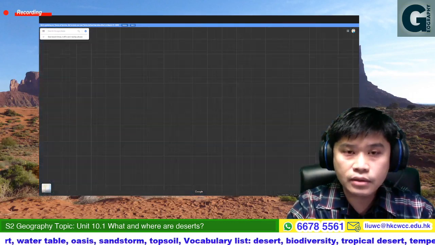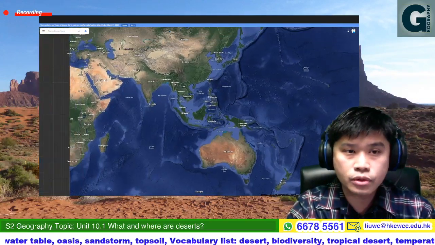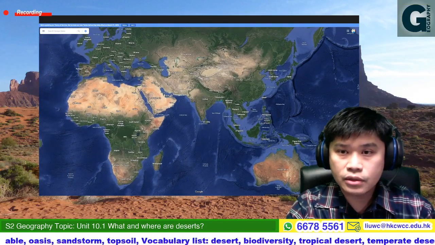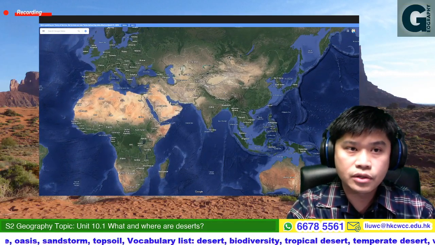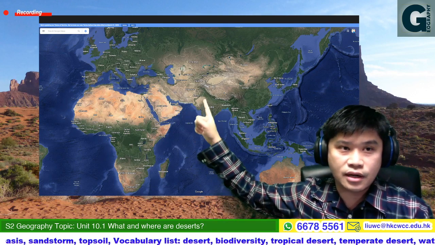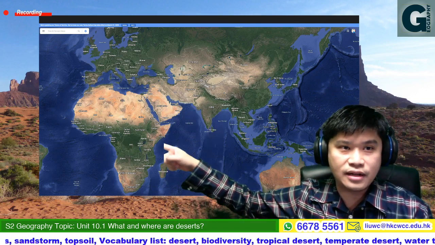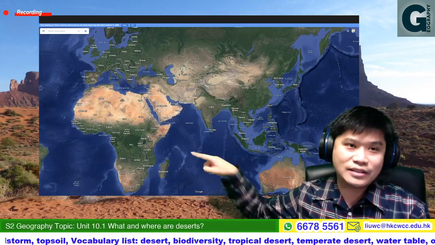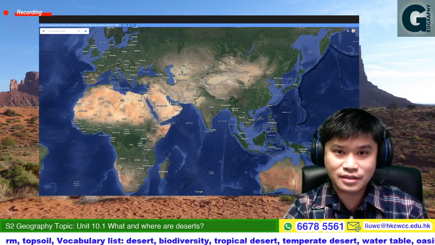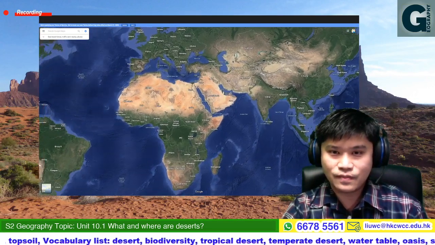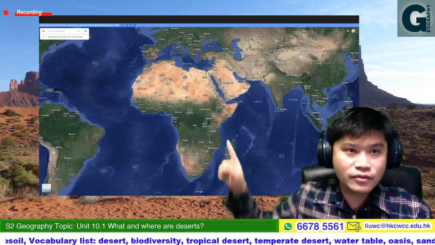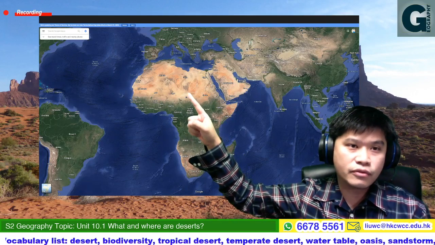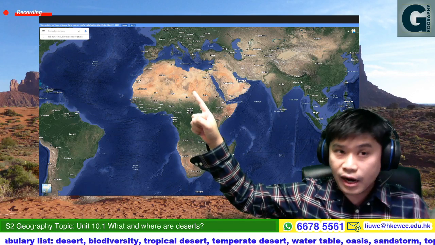Right now I use the Google map here, and you will see Asia and Africa. If you look at Africa, here in the north of Africa, this is the Sahara Desert.